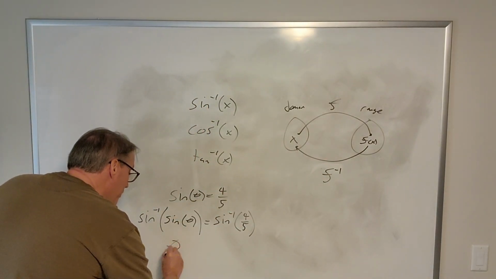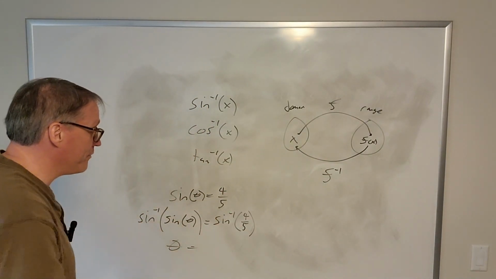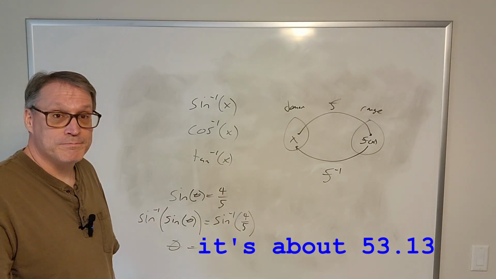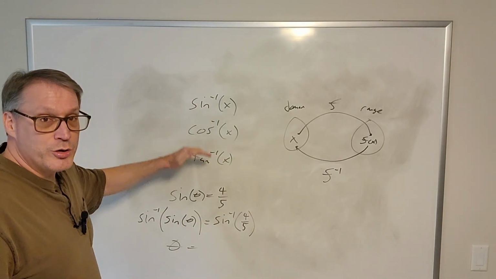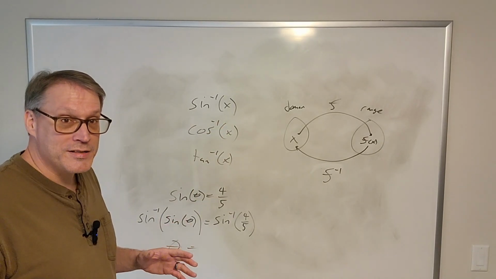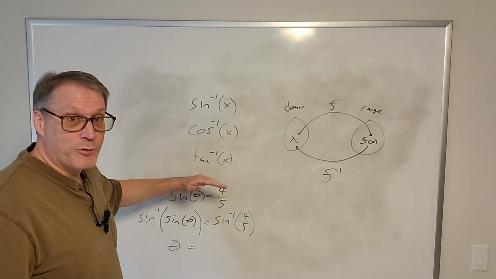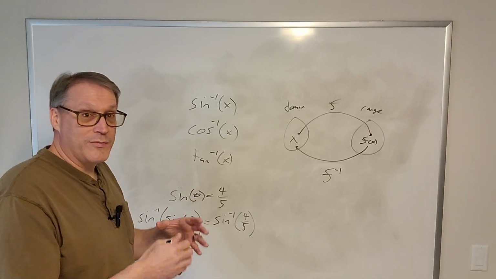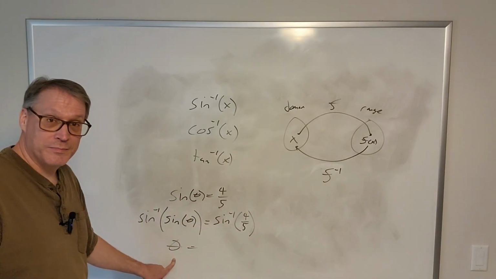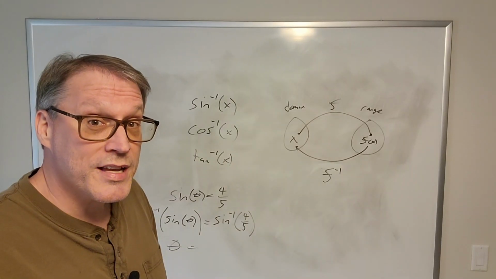That's just theta. So now theta is equal to sine inverse of 4/5. You can plug that into your calculator and figure out what that is. These functions are used to figure out what the actual angle is in a right triangle. As far as you're concerned for the ACT, that's all these functions are for: finding the actual angle. If they give you side lengths, you can use those to find what the actual angle is. That's it. Let's go through some examples, shall we?